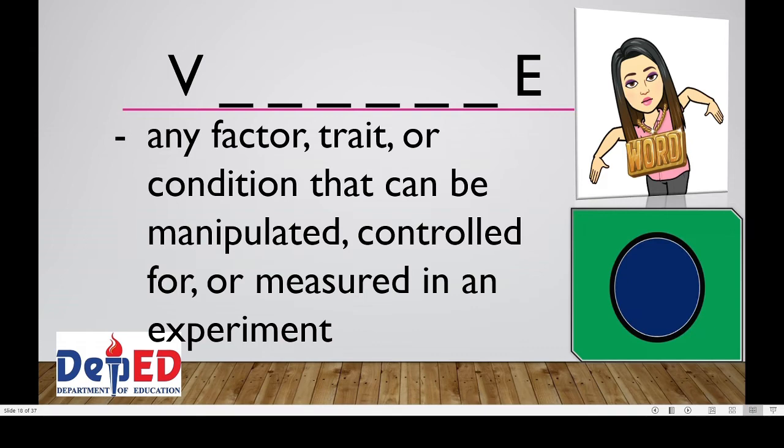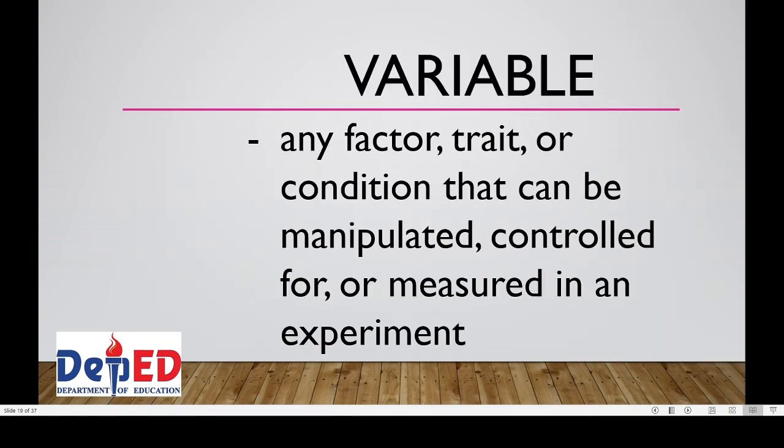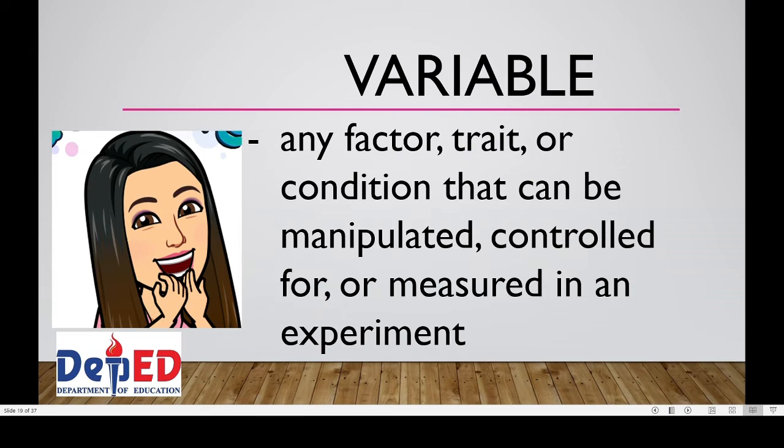Next word refers to any factor, trait, or condition that can be manipulated, controlled for, or measured in an experiment. If you answered variable, then you are definitely correct.